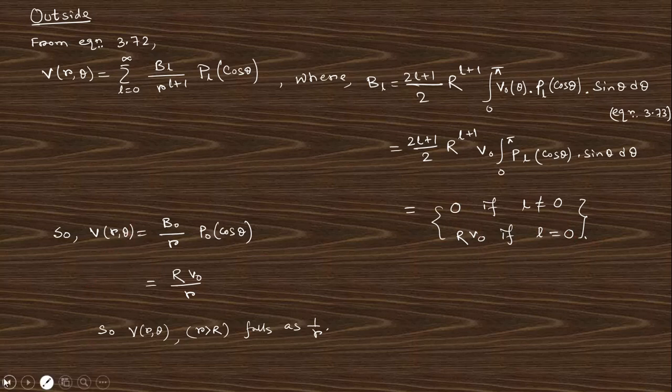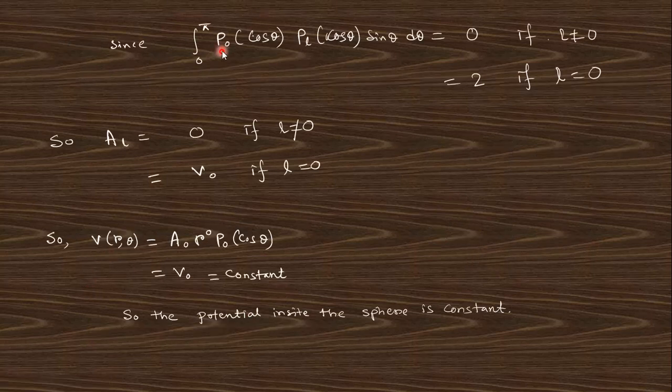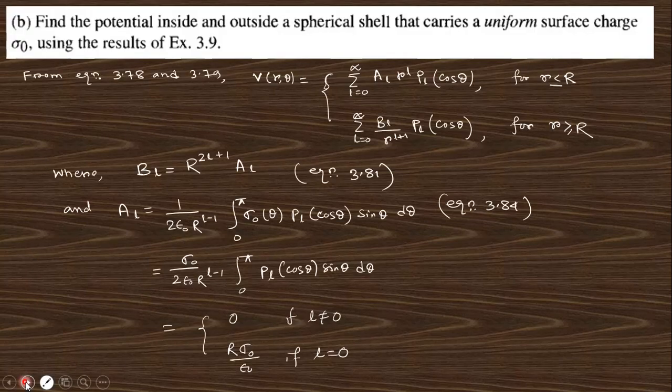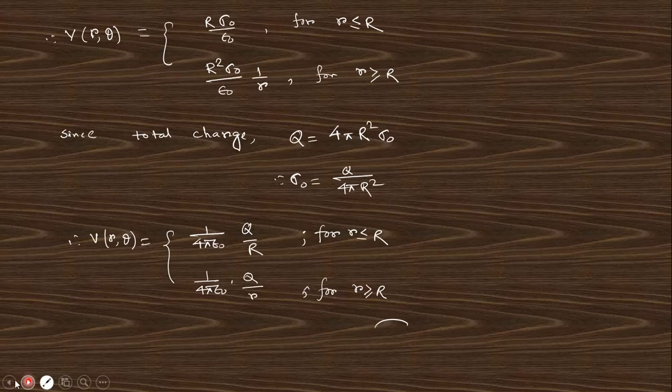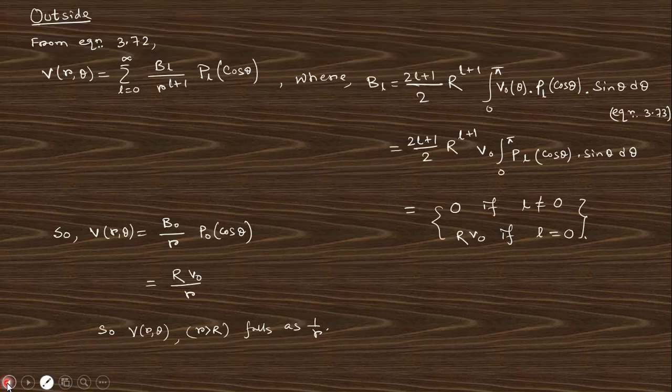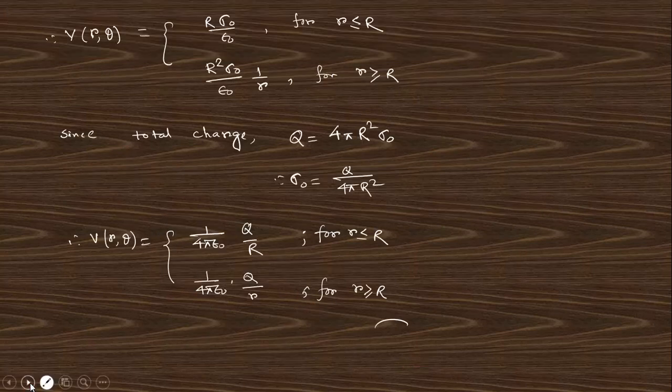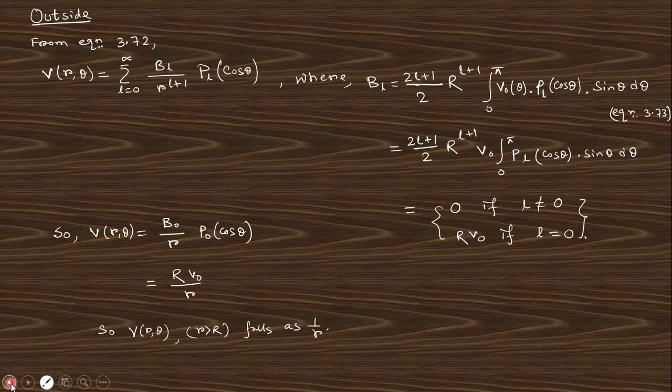So put the value l equals 0 in this expression, that is B_l for the outer case, equals putting this value. Sorry, I think there is a mismatch. Okay, so put this value and you will get the value of B_l. From that you will get the value of the potential.